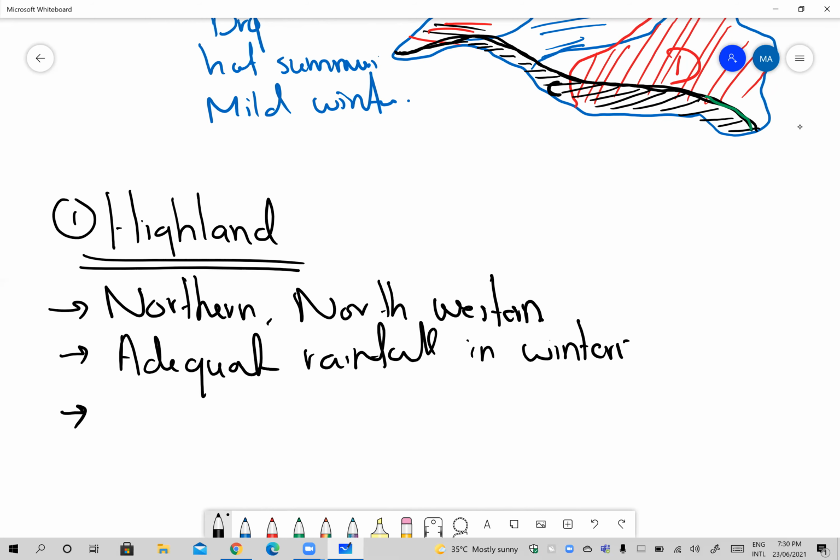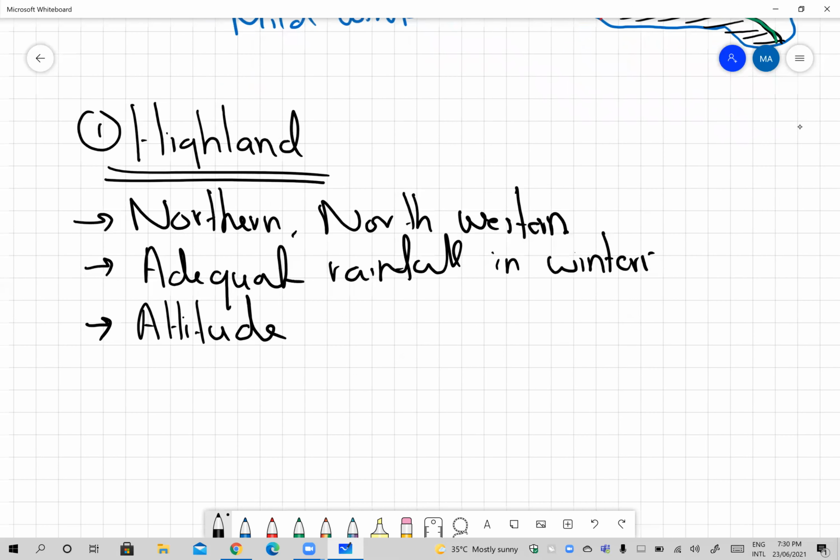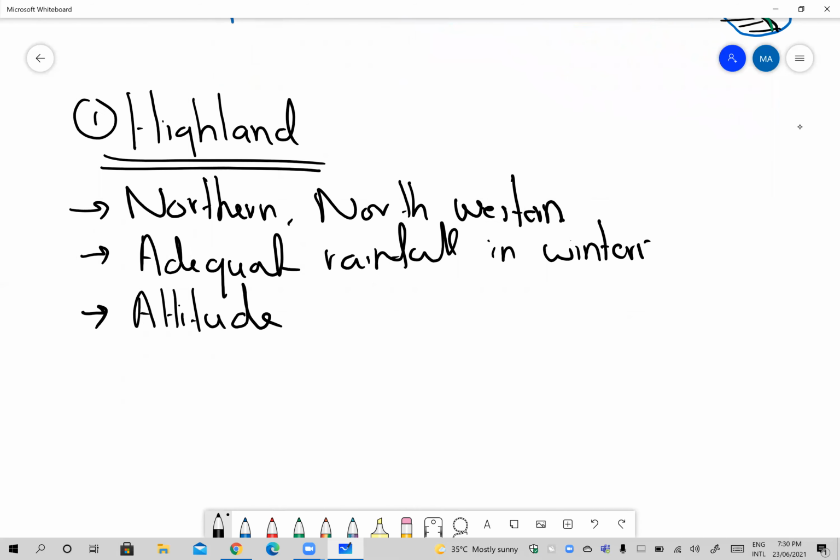Another factor that influences this climate is altitude. Why is the climate of these highland areas colder as compared to other parts of the country? Because of the altitude. We're going to discuss how altitude affects climate in detail in the upcoming lessons.